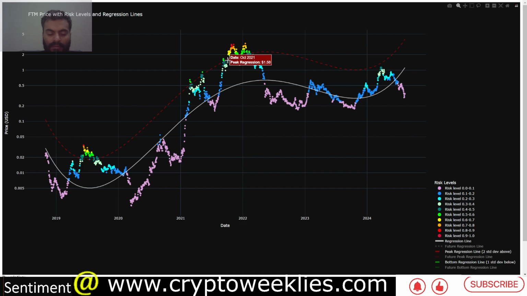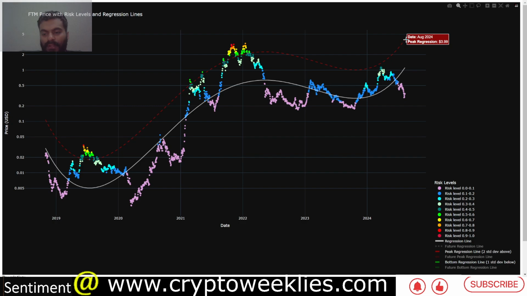So as you know, during October 2021 till about January 2022, the price of Fantom went beyond the peak regression, and exceeded this valuation. Again, as the asset matures, the likelihood of exceeding the peak regression band becomes lower and lower, because more capital is required to grow the price.